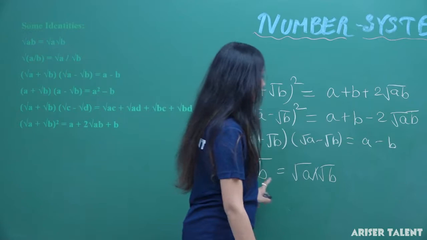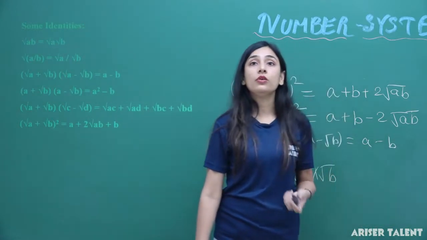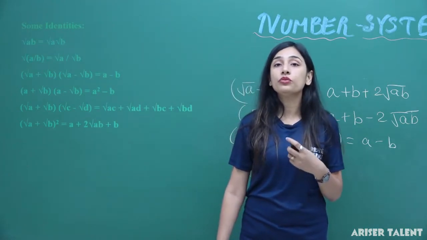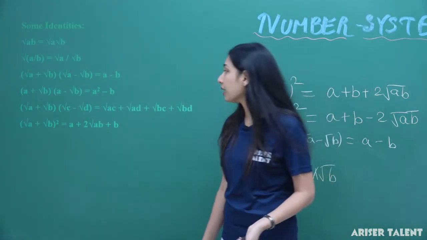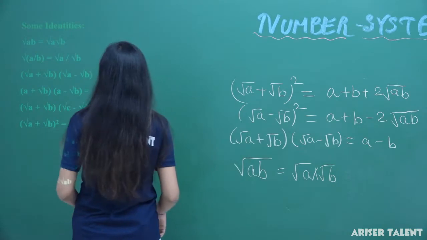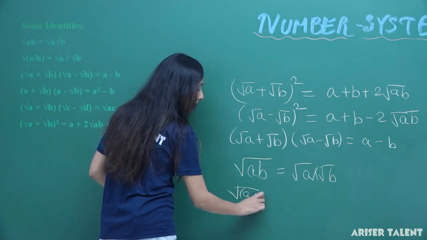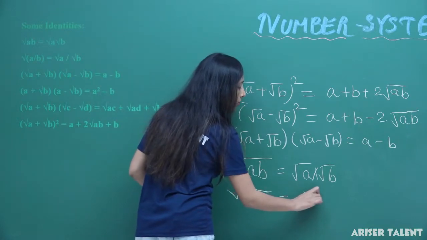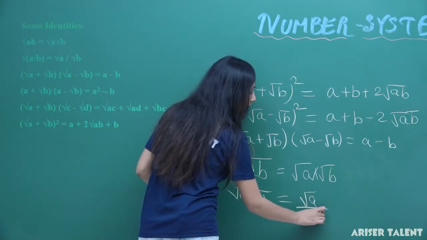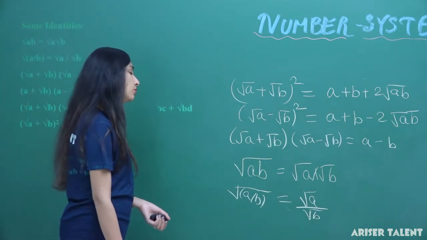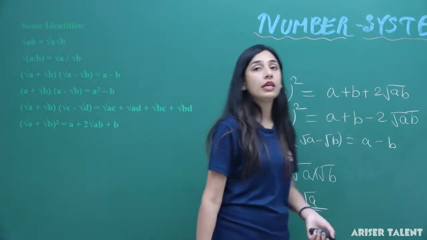So, when I tell you root 15, you can also write it as root 5 multiplied by root 3, and vice versa is true. Now, root a by b is nothing but root a by root b. What is root a by root b? Simply root of a by b.